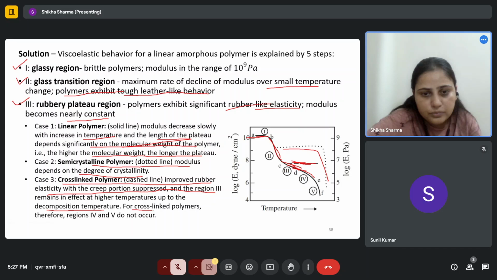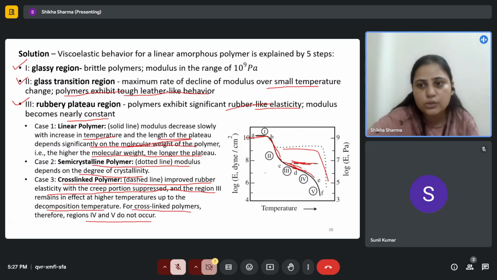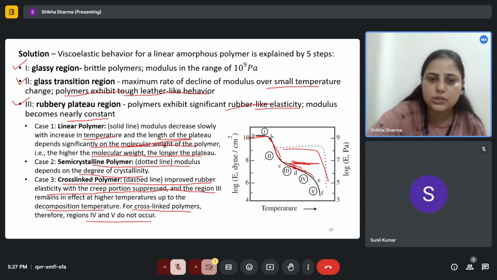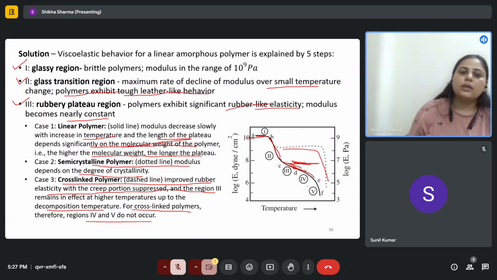For a cross-linked polymer, therefore, the 4th and 5th regions do not occur. So the dashed line goes directly like this and does not show the 4th and 5th regions.